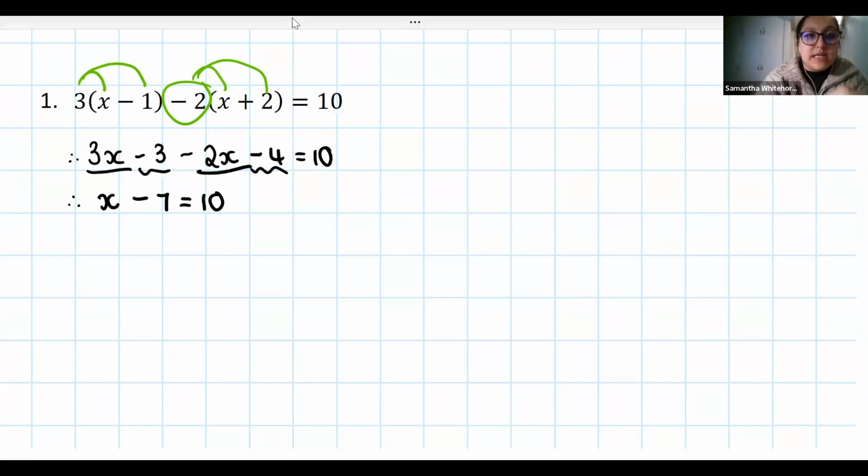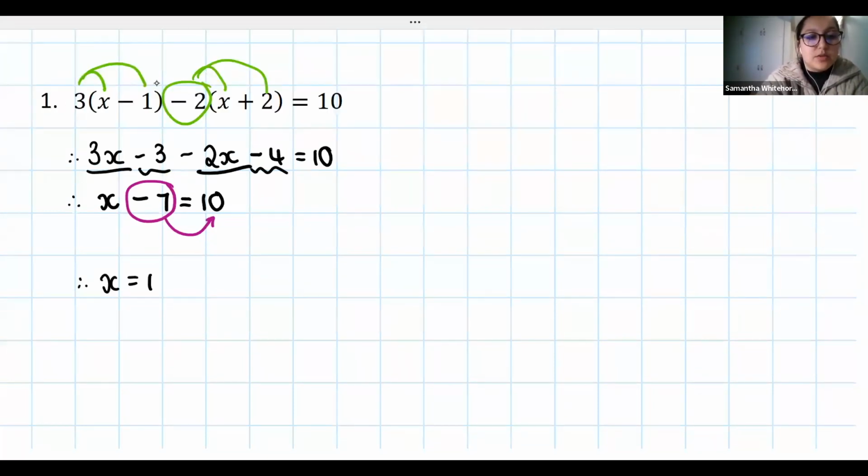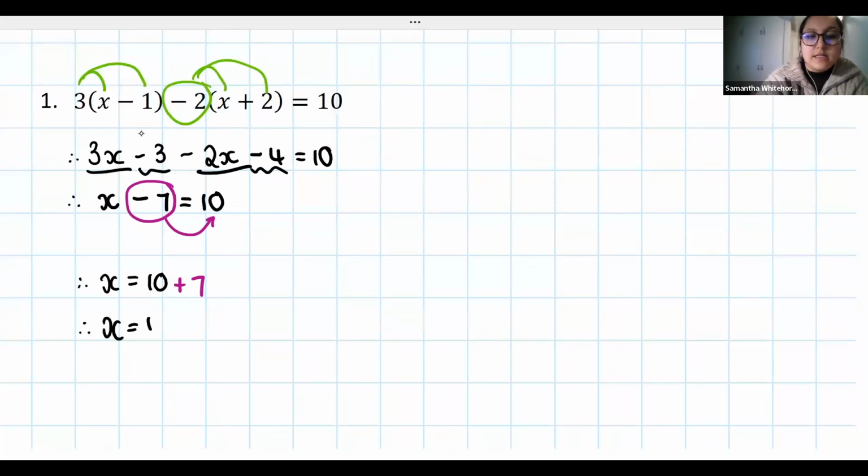Now we want to leave that x alone on the left-hand side. So this -7 needs to come over, and it becomes +7. So we've got x is equal to 10, and by bringing the minus over, it changes its sign to +7. And so what we have here is x is equal to 17.